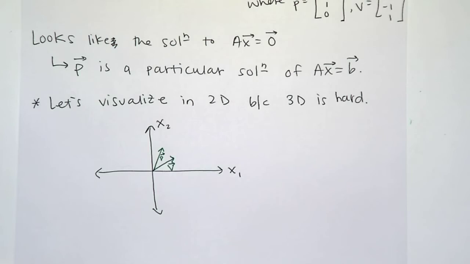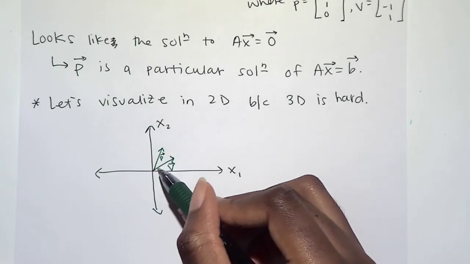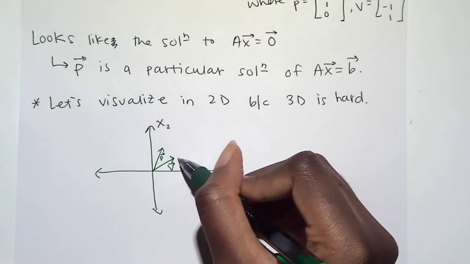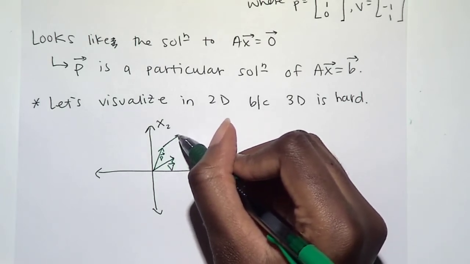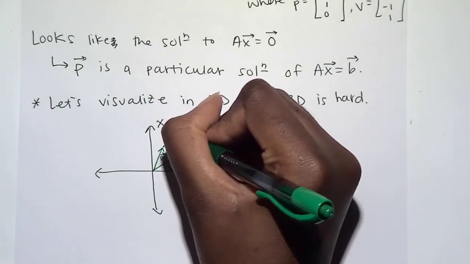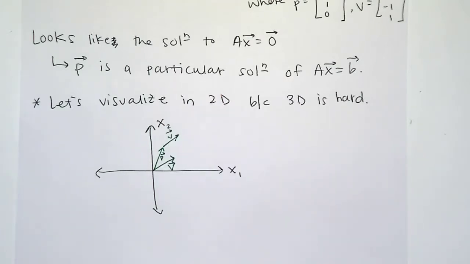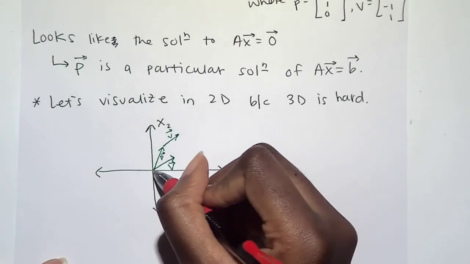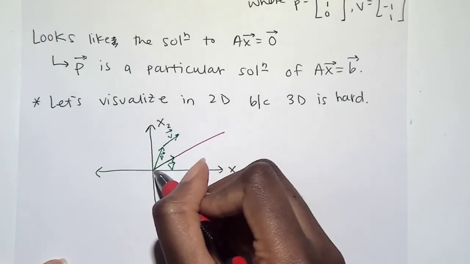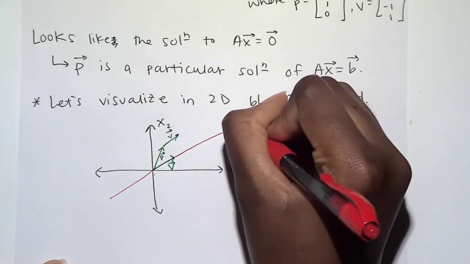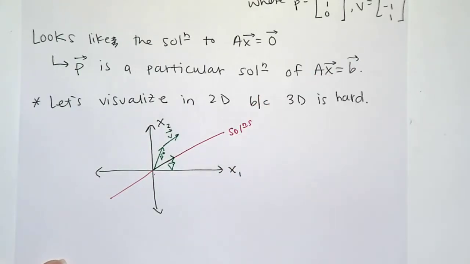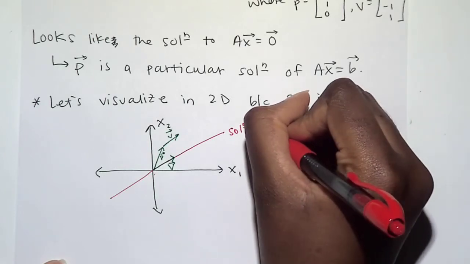This is our vector P. And then we add V to it. So I'm going to try to draw something that's the same slope. We got V on top. All right, so if we draw a line that goes through this V here, this represents all of the solutions of our homogeneous system.